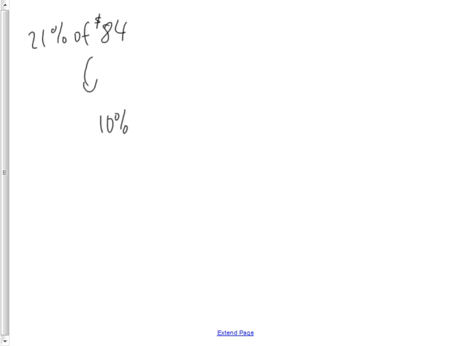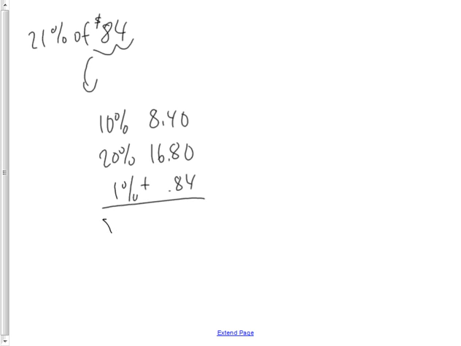10% is $8.40. So 20% would be $16.80. 1%, I'd move the decimal 2 places over, would be 84 cents. Add those together to get 21%, would be $17.64, right?